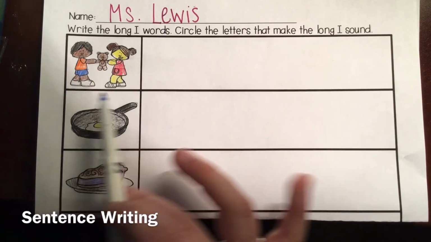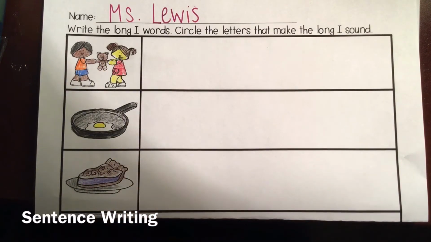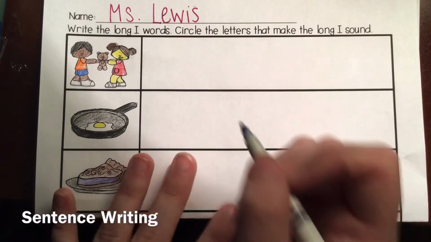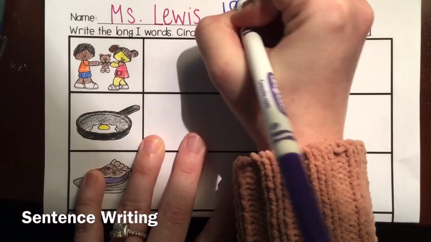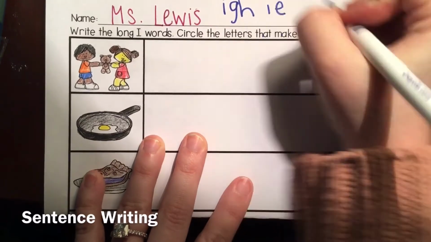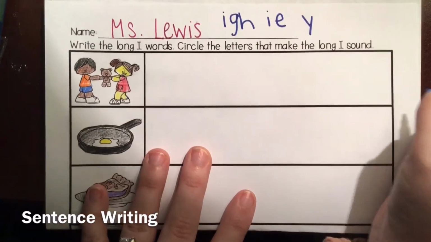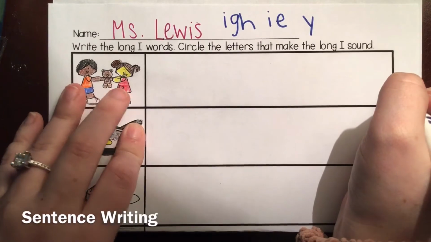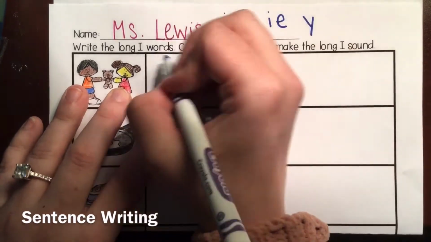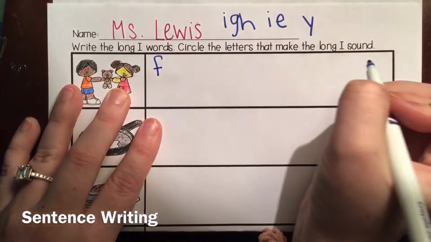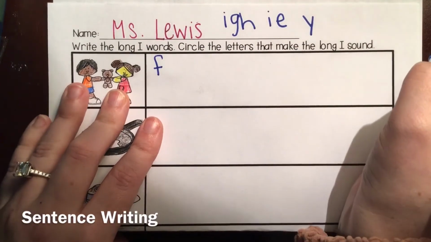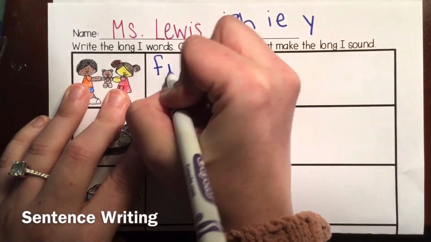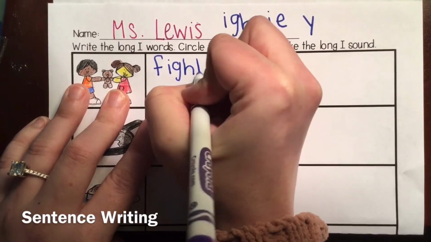It looks like they're having a fight. Fight. So that's one of our long I words. So I'm going to write our vowel teams up here to help remind me of the ones that we can use. Can you see that? Okay. So my first one is fight. So I hear that f sound, and I remember we wrote the word night when we just built it, and I remember that was an IGHT family word, okay?